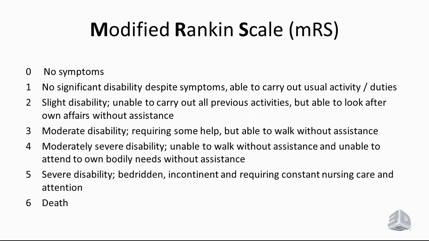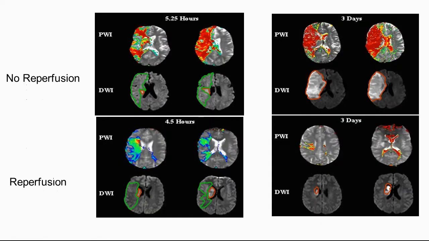Generally speaking, a Rankin score of 0 to 2, no symptoms or slight disability but able to look after their own affairs, is considered a reasonable quality of life. Rankin score of 3 or higher, and obviously death, not considered so good, very bad. But this has been adopted as typically the primary outcome measure for many of the subsequent stroke trials which have appeared in the last 20 years since the NINDS trial was published.